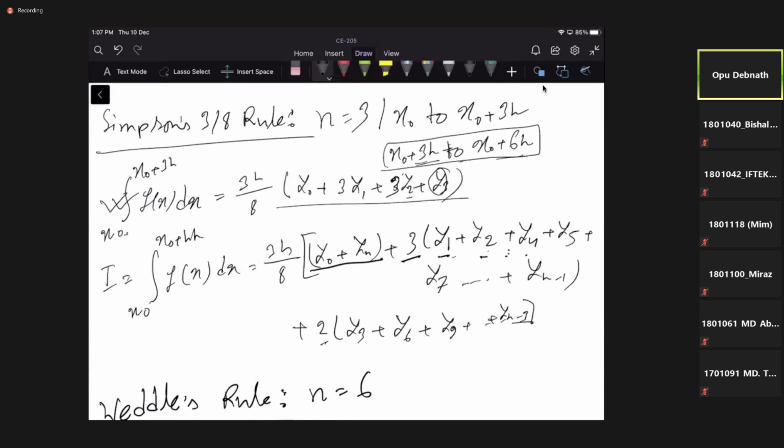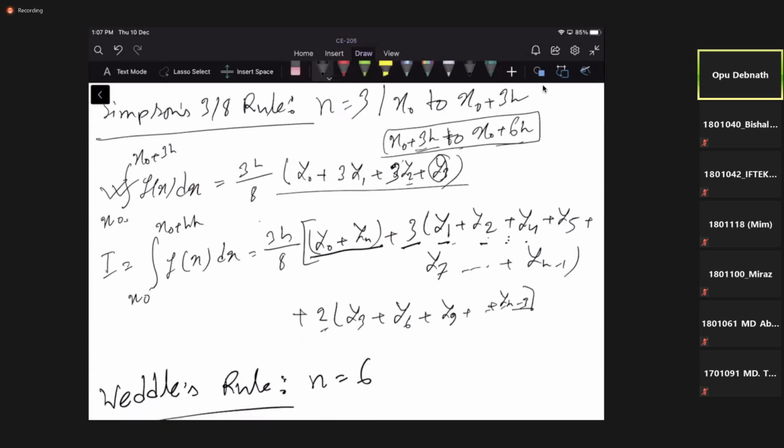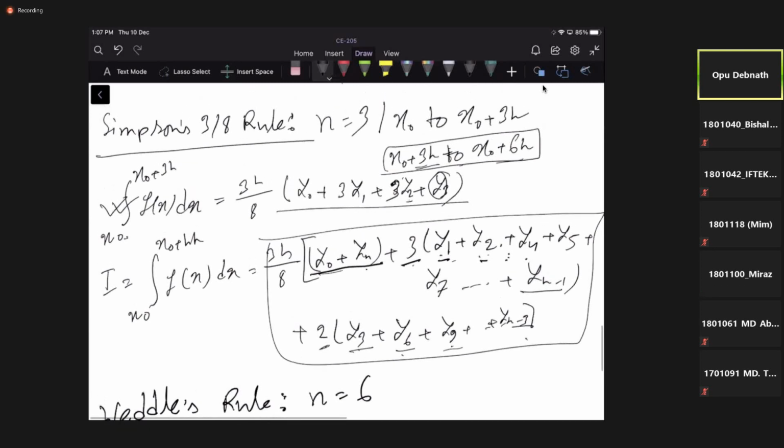While adding all these, after taking the summation, you will get it in this form: first term plus last term plus 3 multiplied by y1, y2, up to yn minus 1. Only the missing terms will be y3, y6 and y9, and for these values you will get 2, because here there is only one y3, and in the next part you will get another.